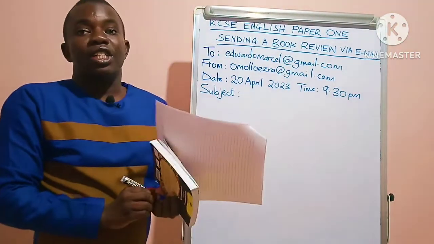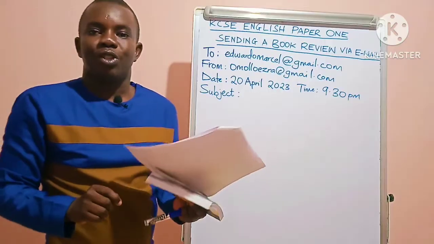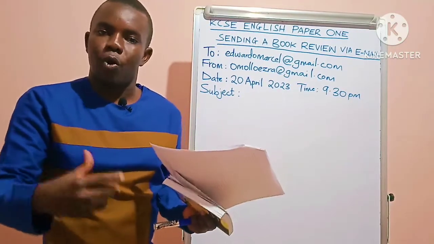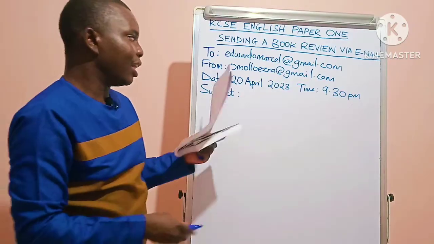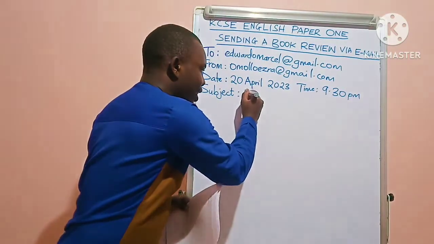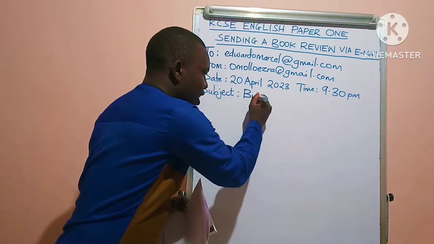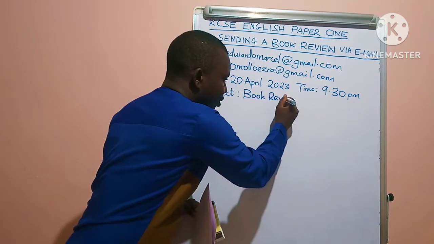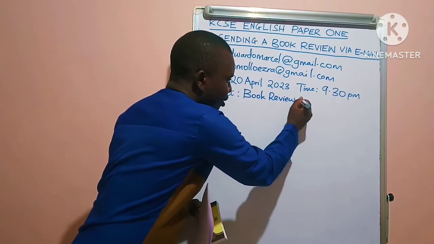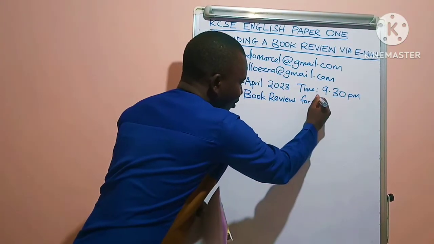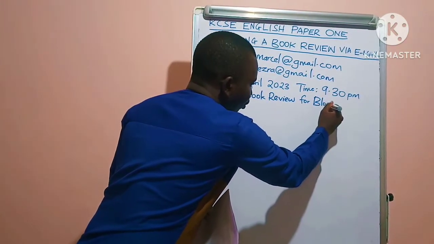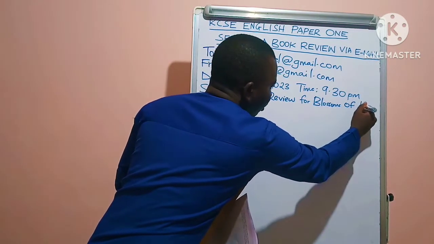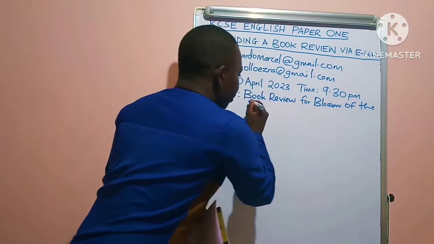After date and time, we have the subject. And subject is always the reason or the rationale for someone sending the email. And in this case, the subject here is book review of Blossoms of the Savannah.